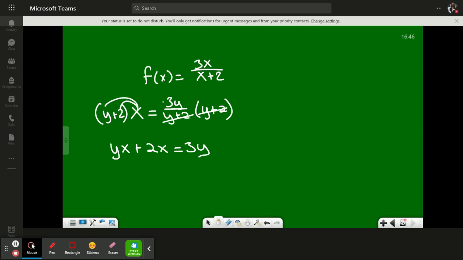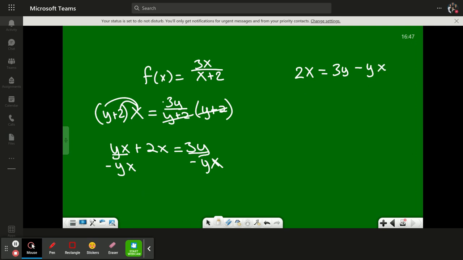Not yet. I've got to get these y's on the same side of the equal sign, don't I? I got to have them over there so I can get them together. Subtract that yx. So I'm going to have 2x over here: 2x is equal to 3y minus yx.